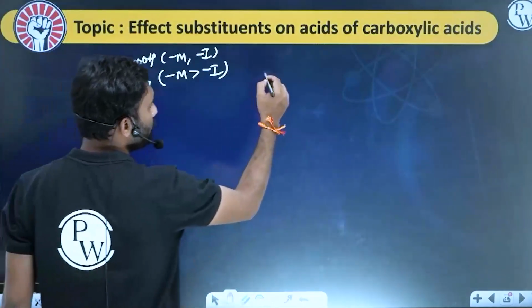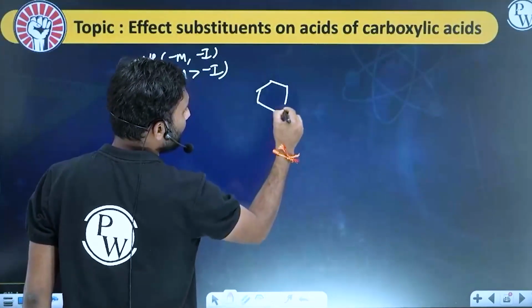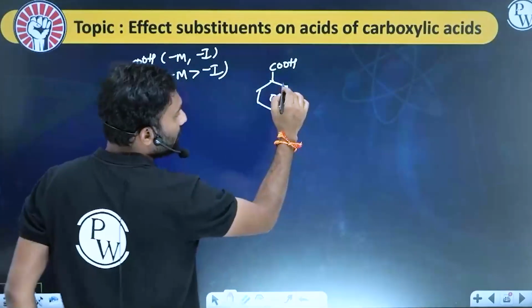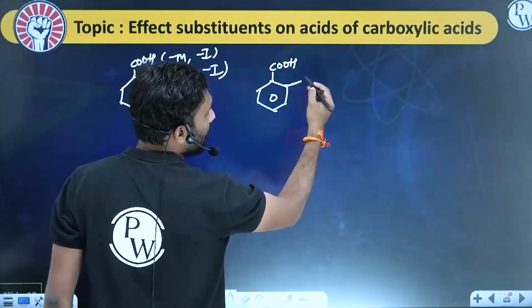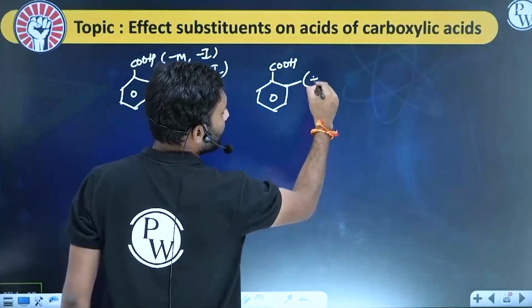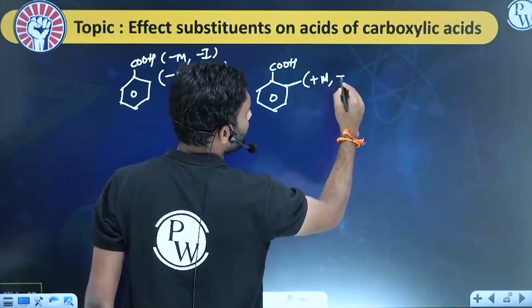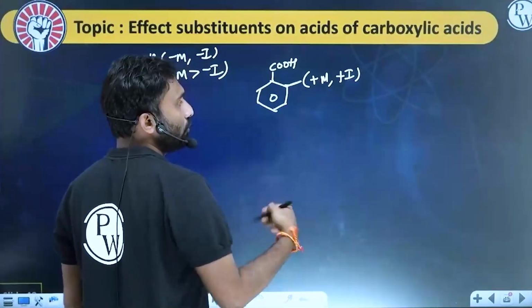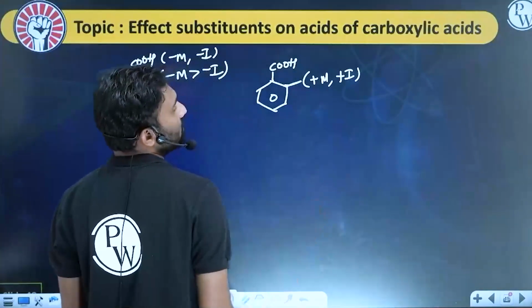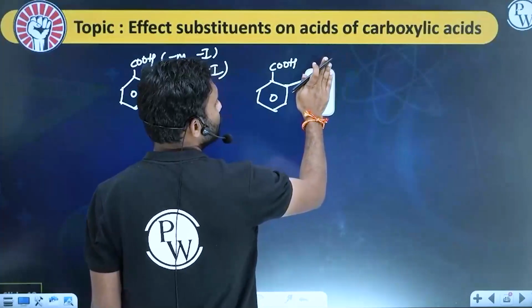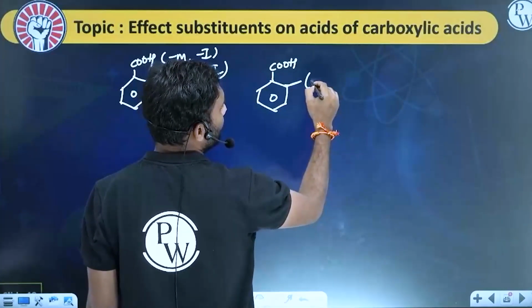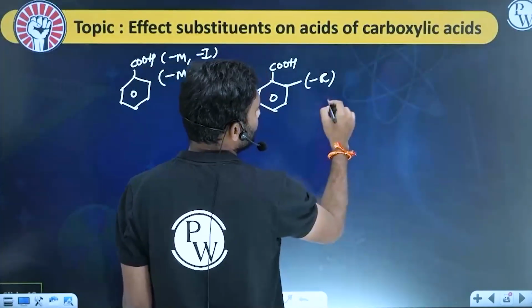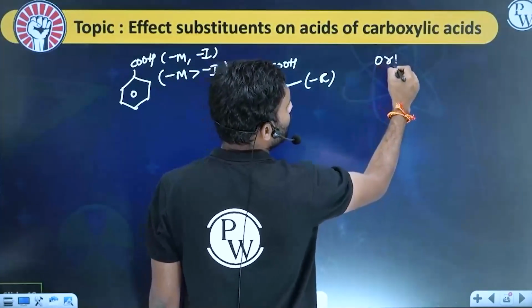When asked about the acidic nature of the carboxylic acid, any group at the ortho position, whether a -M group or a +I group, such as any alkyl group, makes it a stronger acid. We call this the ortho effect.